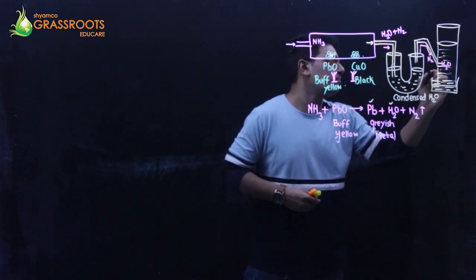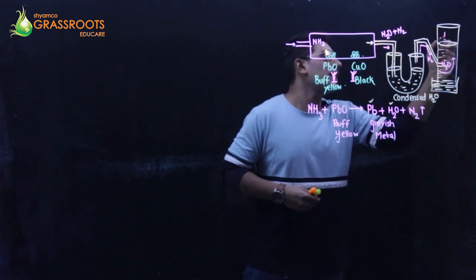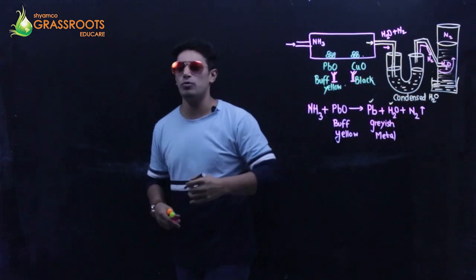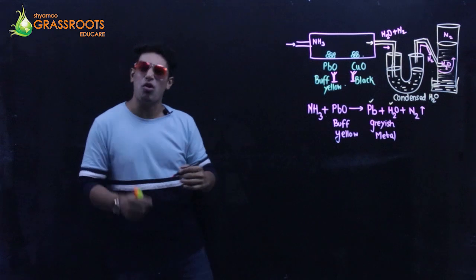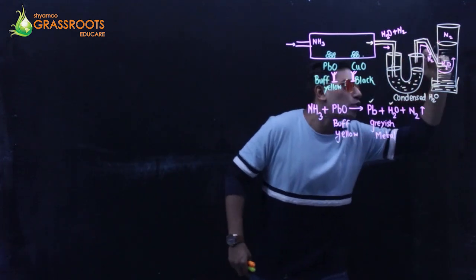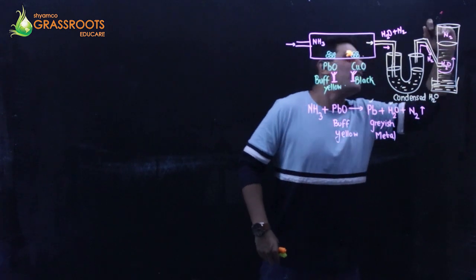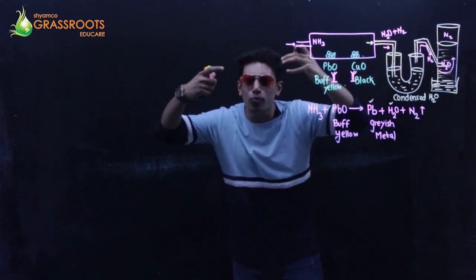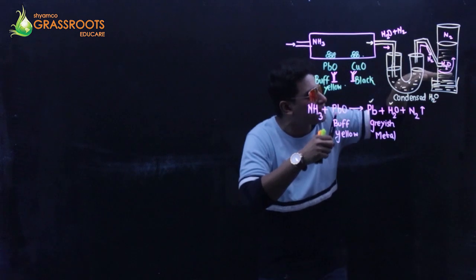This is H2O. Nitrogen is sparingly soluble in water. Very little quantity of nitrogen is soluble in water. Nitrogen goes up, and once the nitrogen gets accumulated, it pushes the water down.